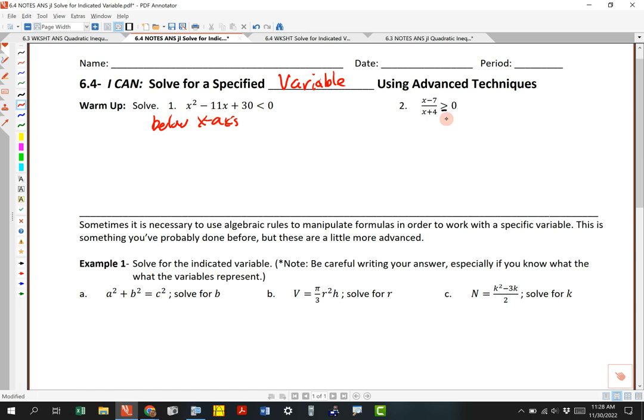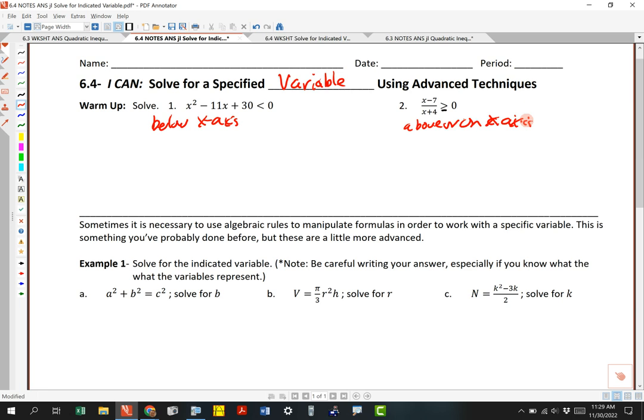Okay, this one right here, once we're done graphing this, because it's greater than, is this above or below? Above, because of the greater than. So above, can it be on? Okay, above or on the x-axis.